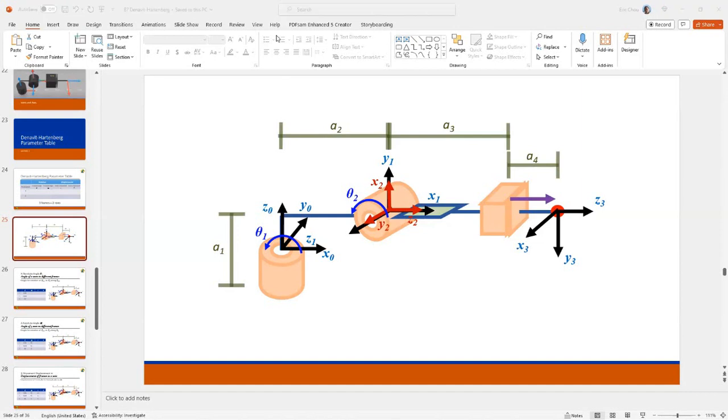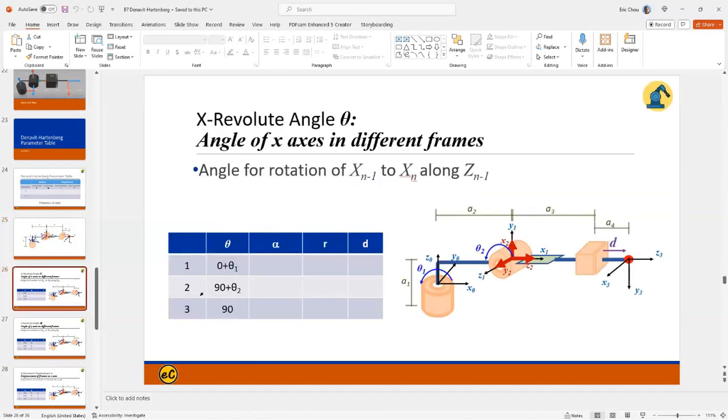So now your x2's direction is due to the rotation of theta 2. You got 90 degrees plus theta 2. It's starting from 90 degrees. Your S1 and S2 already had 90 degrees, and your theta 2 moves again. Now again 90 degrees plus theta 2.